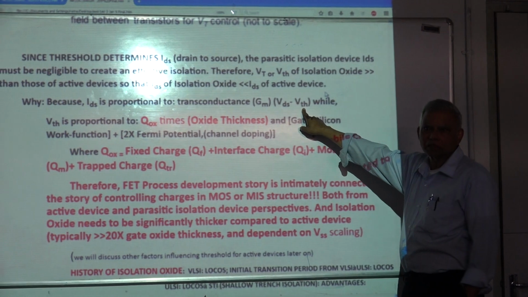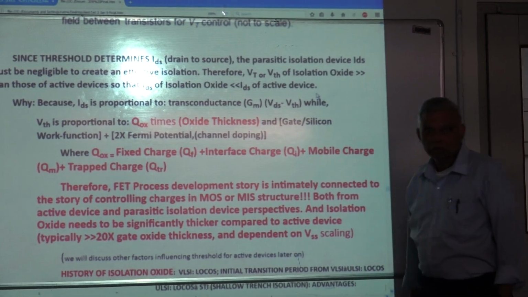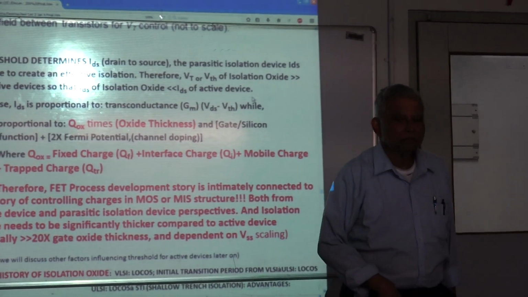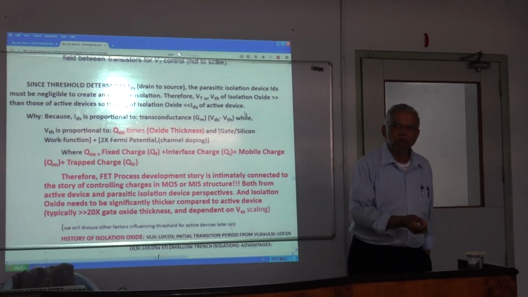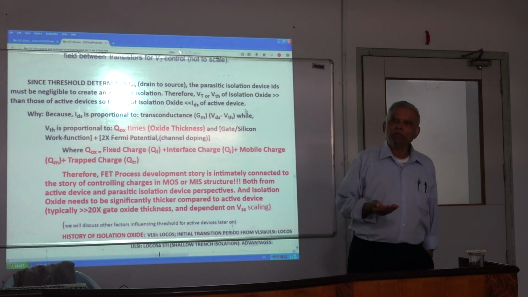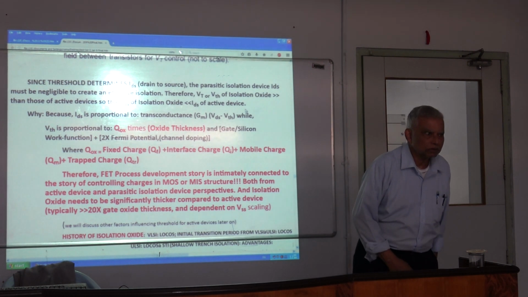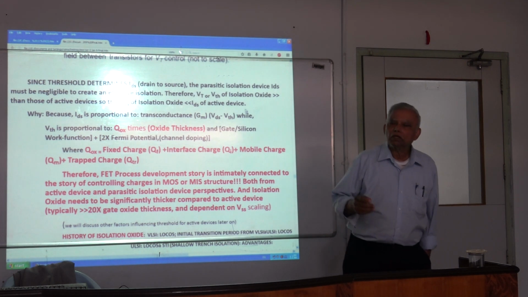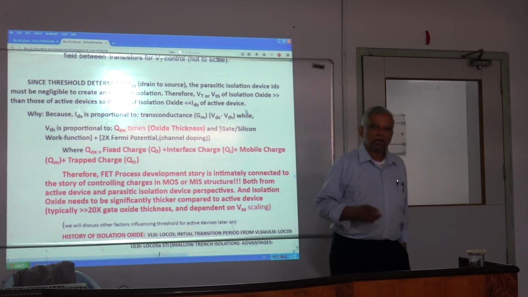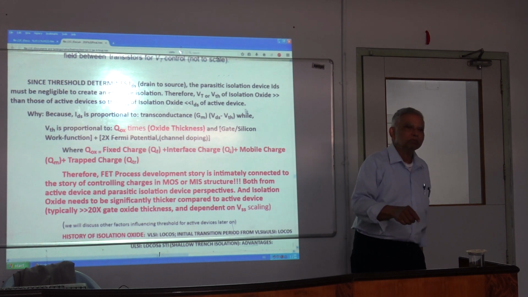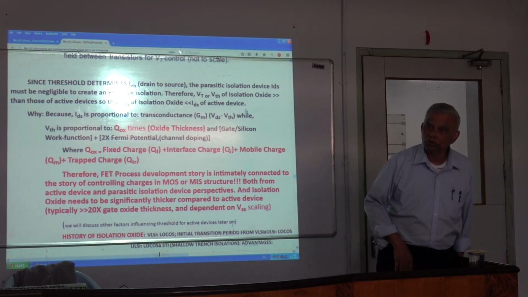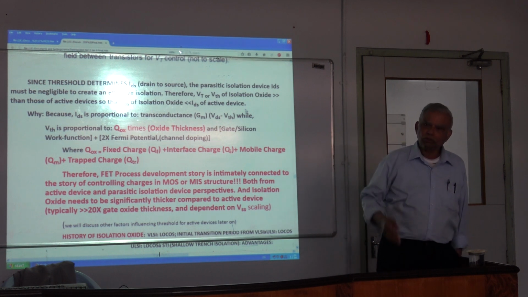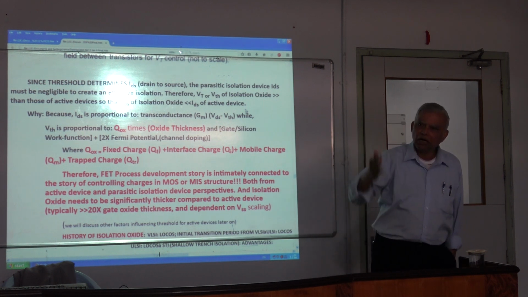Why do you make it thick? Because now, in most technology, they actually put a little bit of dopant right below. They enhance the doping with boron, like p-type silicon, where you started with the starting material. Right after the pad structure, you implant a little extra boron below that pad structure, which will go where the STI is going to be.